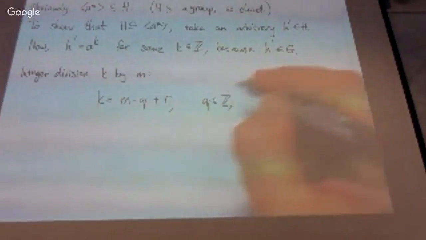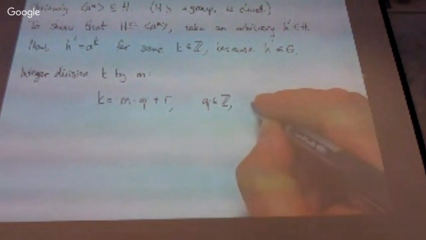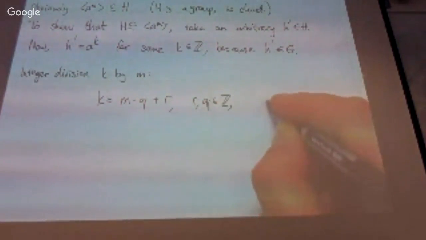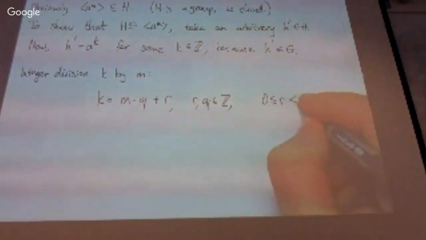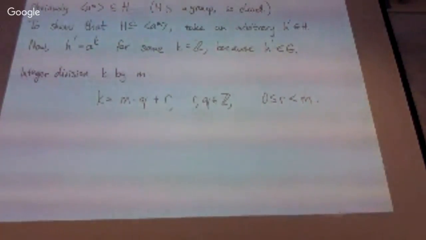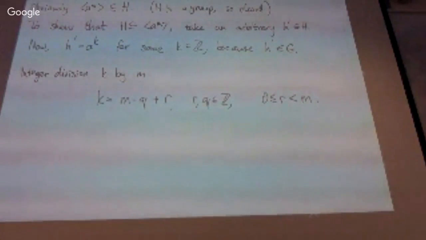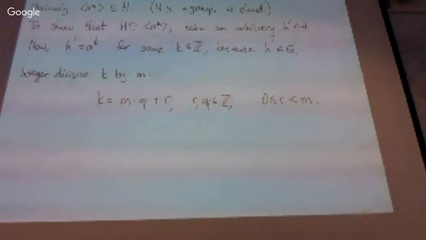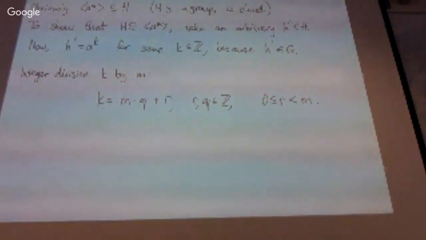Q is some whole number, and the remainder is also some whole number, and moreover, the remainder is less than m. I was dividing by m. The remainder is something between 0 and m, but less than m. Okay? Number theory.